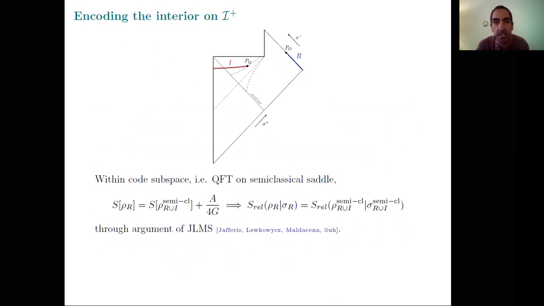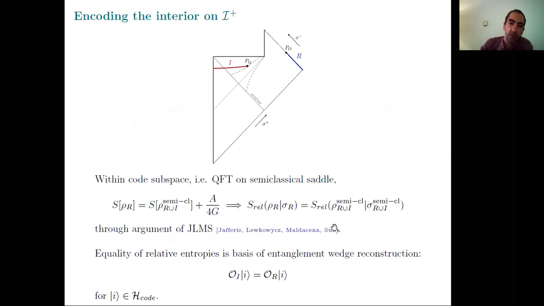You can ask, what does this mean? The fact that there are these island regions, and the usual interpretation is that using the ideas of these authors, there's some evidence for it, but it's mostly a hypothesis, known as entanglement wedge reconstruction.